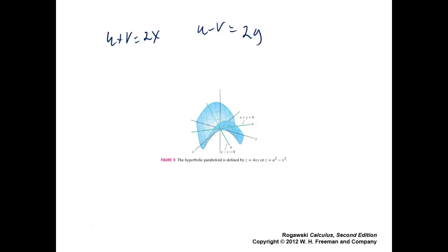Let's start with our original. Z is equal to 4 times, now what is x? U plus v over 2 times y, which is u minus v over 2.